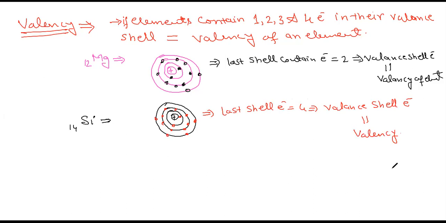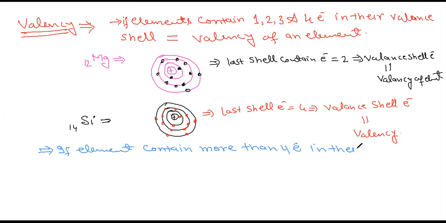Now another one. The second point is, if an element contains more than 4 electrons in its last shell, then valency equals 8 minus the last shell electrons.